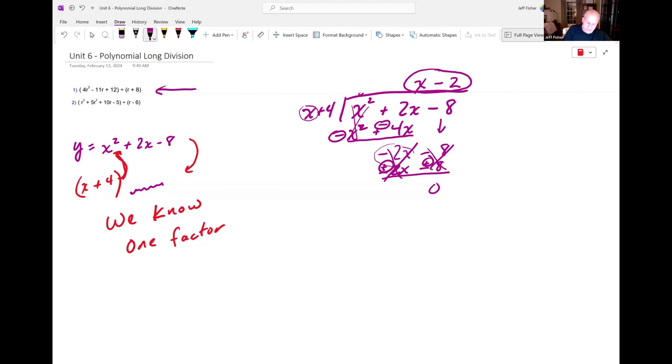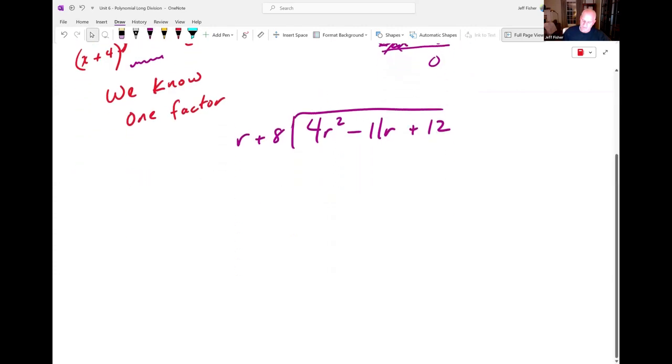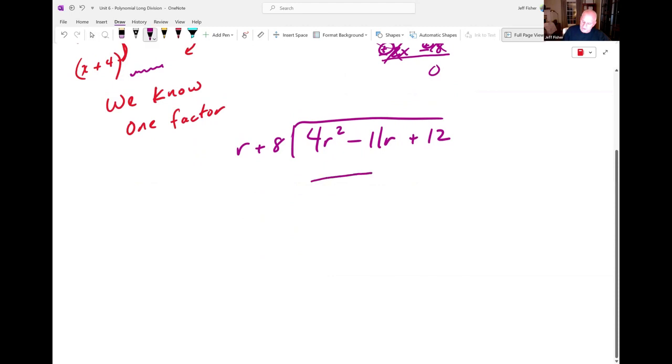So here, let's talk about how do we do this one. 4r² minus 11r plus 12, and we're going to divide that by r plus 8. Okay? Well, the first thing we do is we say, what do we multiply this by to get this?